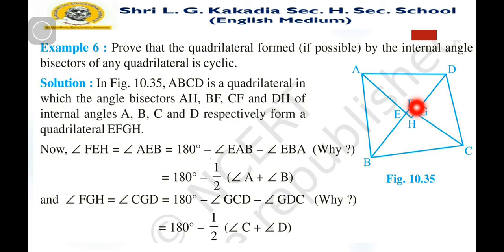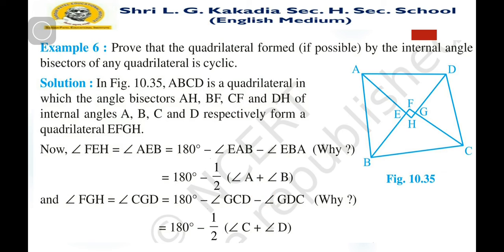We just proved FEH and FGH, the sum of both, is equal to 180 degrees. So we can find FGH, that is 180 degrees minus 1 half of angle B plus angle C plus angle D.